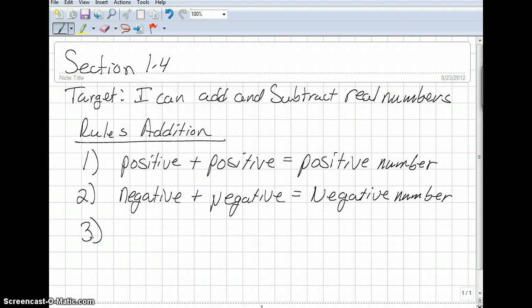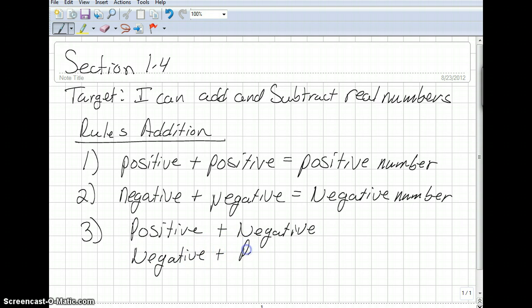However, if the signs are different, for instance, a positive plus a negative, or a negative plus a positive, then there's a question.